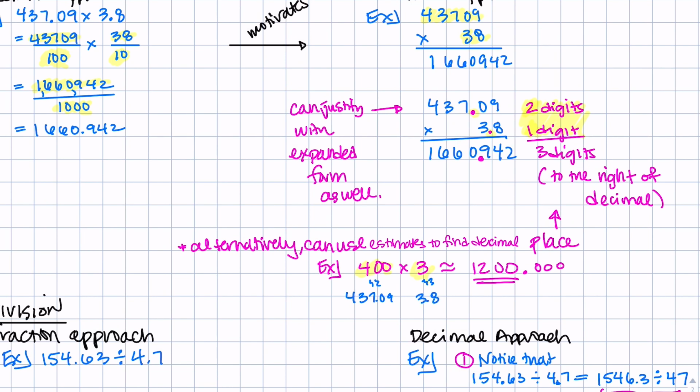So I should get something around 1200, or at least my place value should be in the thousands, and that's what I get here. So that's another way to do this algorithm: I can multiply the numbers straight away at the beginning and then use an estimation like 400 times 3 to figure out where the place value should be.